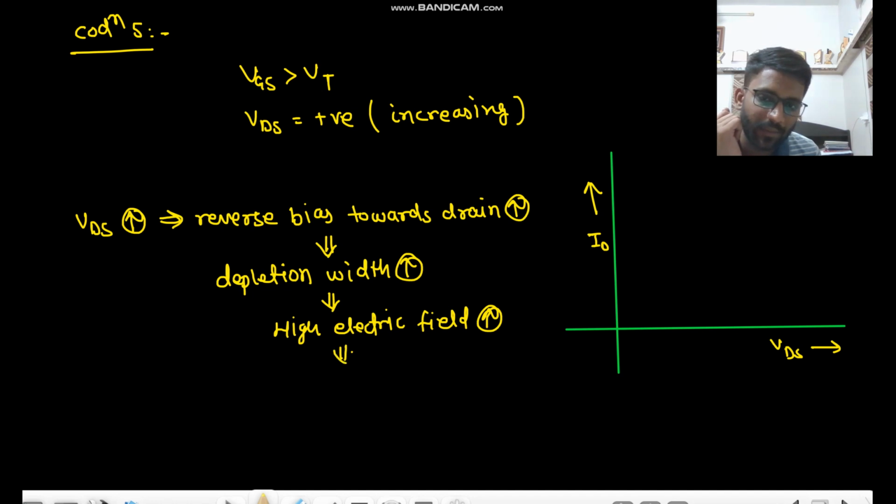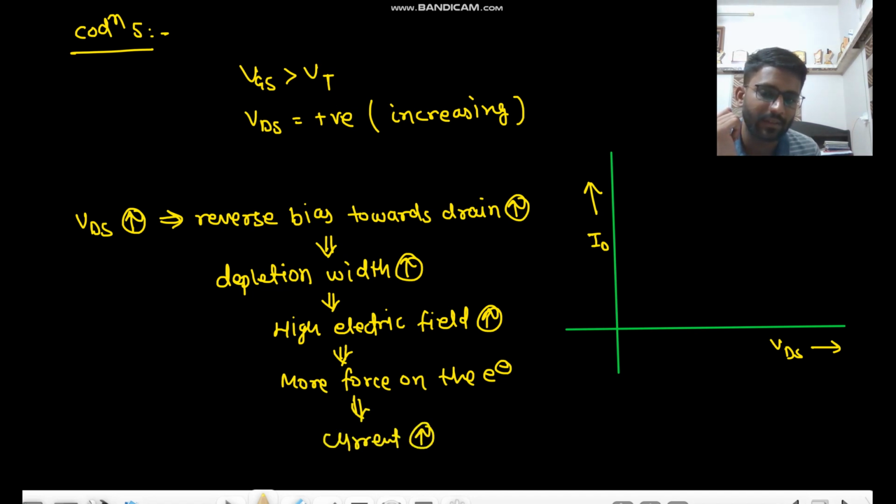That means more force on the electron. That means current increases, right? VDS increases, here the electric field increases because the reverse bias increases, electric field increases, more force on an electron, the current increases. That we have already seen.